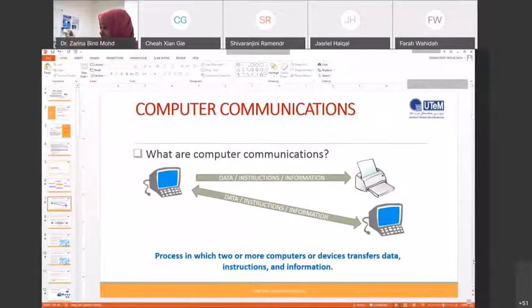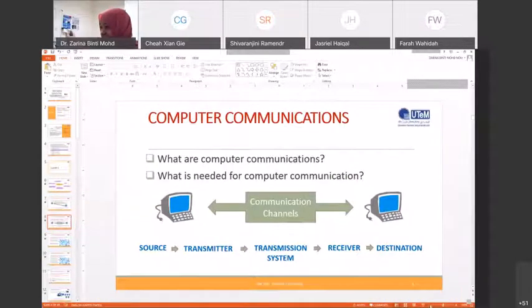In the next slide, still under computer communication, what is needed for computer communication? In the previous slide we looked at the transmission between two computers as just a straight line, but in reality that's not the case. Between these two computers we have communication channels.